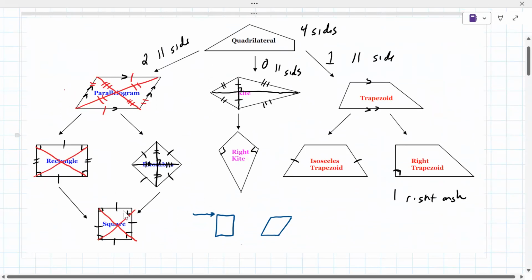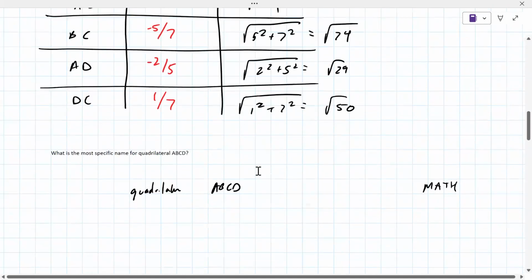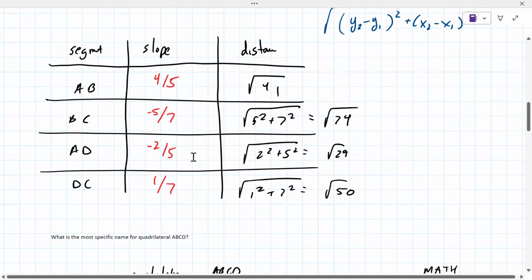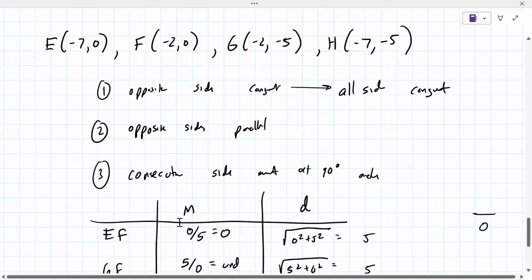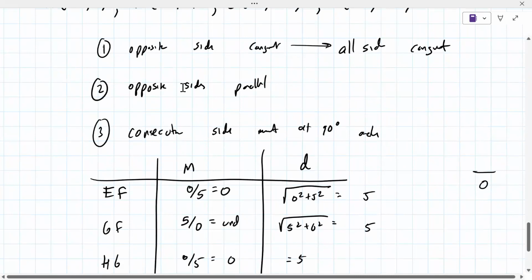The difference between a rhombus and a square is that a square meets at 90-degree angles and a rhombus does not. Now I know visually you can see that when you graph this it looks like a square, but you'd want to say that the consecutive sides meet at 90-degree angles. You actually have to say that for this.